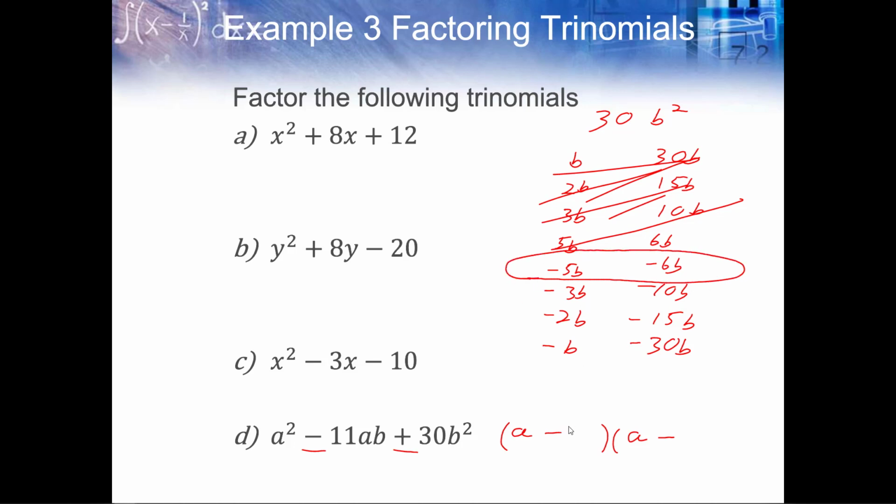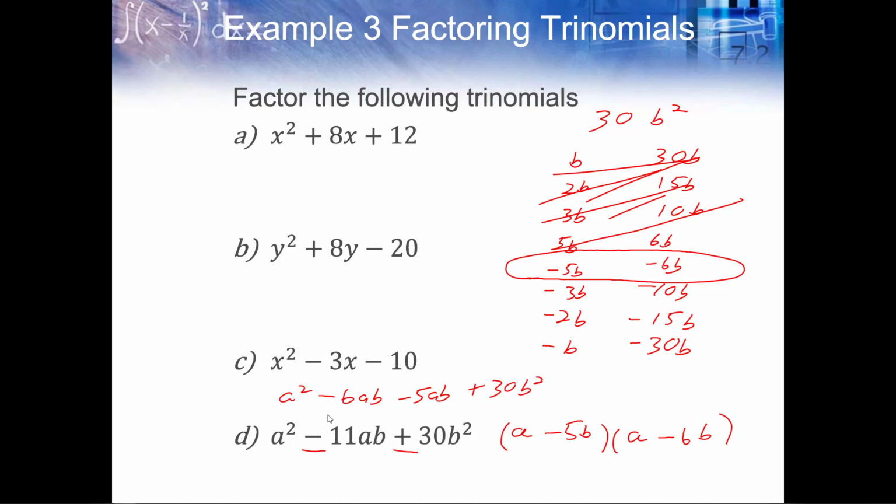So we're going to have minus 5b, minus 6b. Does it work? Well, let's find out. A times a is a squared, minus 6ab for the outer, minus 5ab for the inner, plus 30b squared for the last, and there you go.